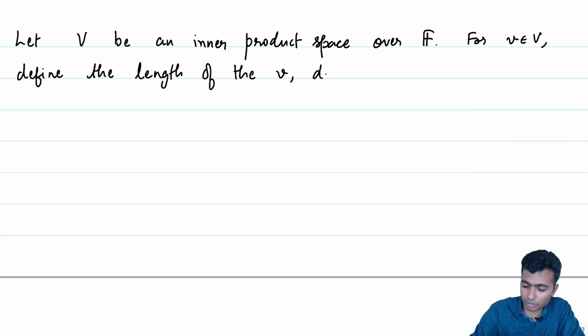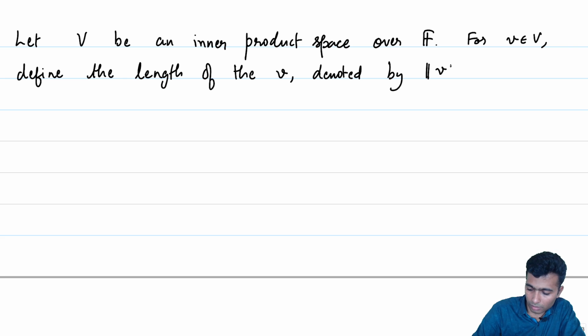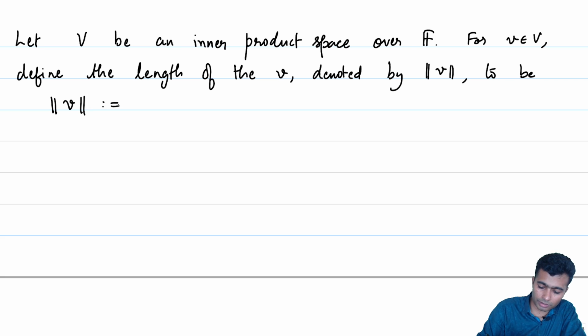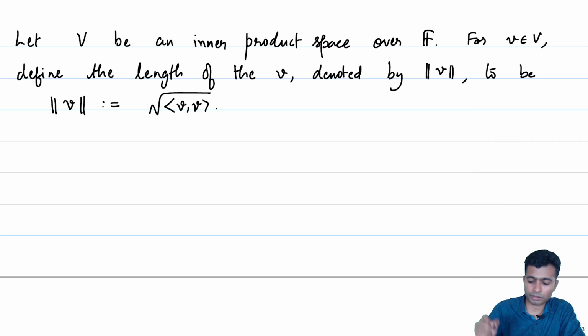It's denoted by norm of v, and we define it to be the square root of the inner product of v with itself.